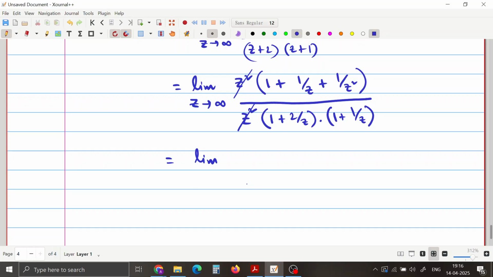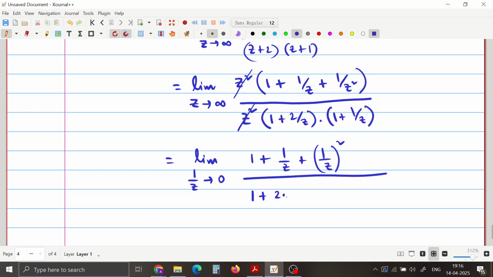So I can write this as limit 1 by z tends to 0, and here I have 1 plus 1 by z plus 1 by z squared in the numerator, and in the denominator I have 1 plus 2 into 1 by z, that's the first term, and 1 plus 1 by z.